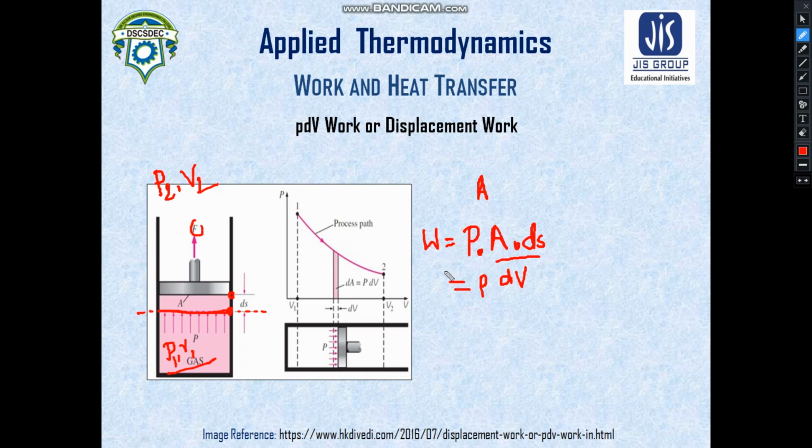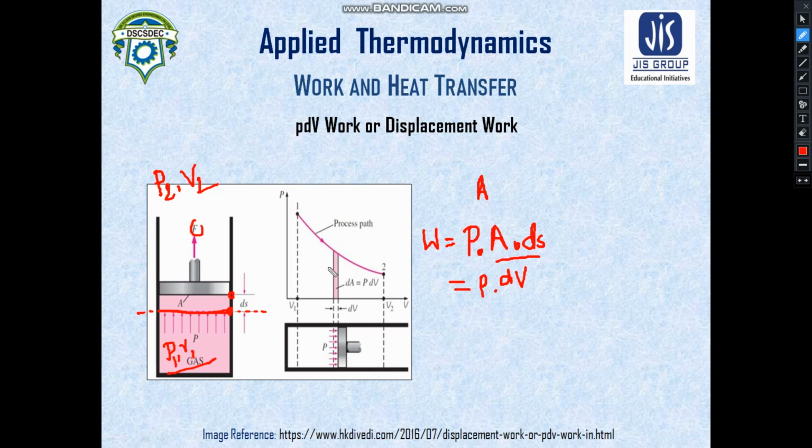For that case only, the work done by the gas on the piston becomes PdV. Once again, this PdV is only for the intermediate state.